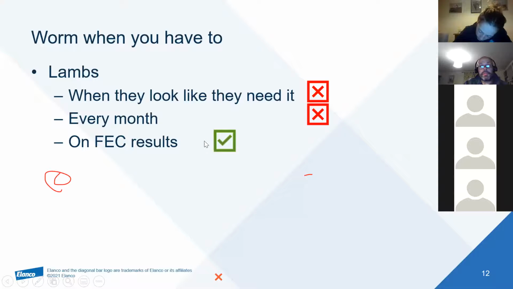And this is where a little bit of help and advice can make a big difference to both the time that you spend worming sheep and the money that you spend on sheep wormers and the results that you get for doing it. So, if it was me, I wouldn't be worming anything until I'd done a worm egg count to see what was there and if we actually needed to.